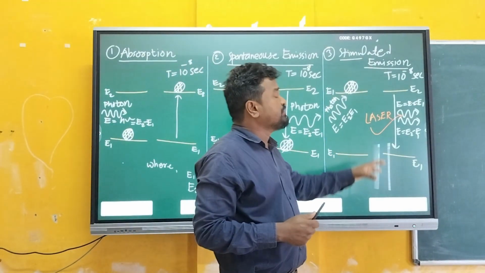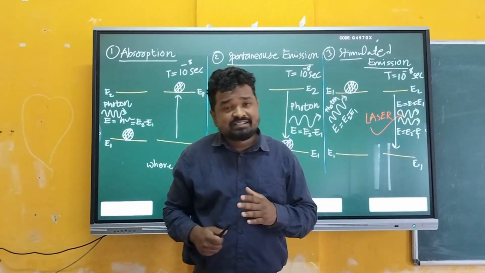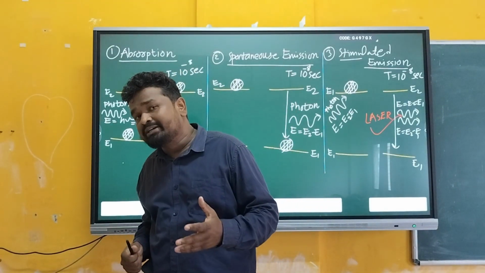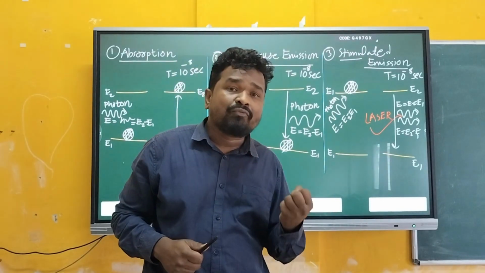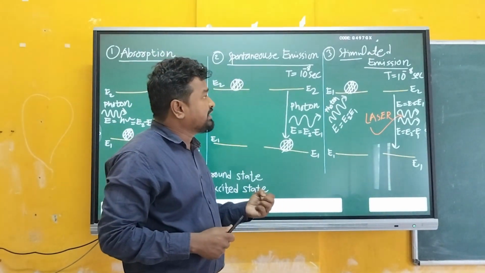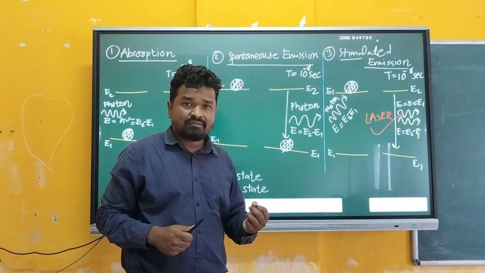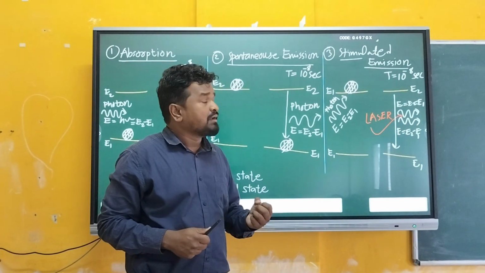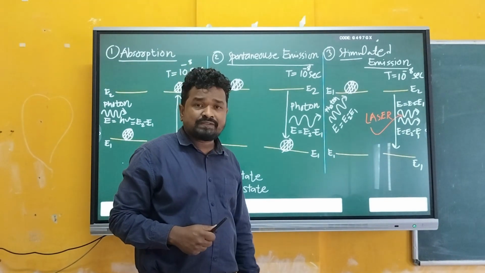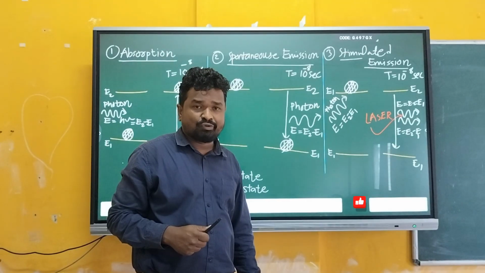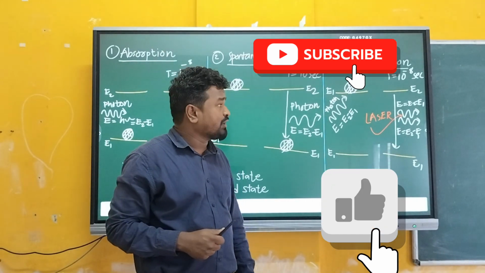In stimulated emission, energy is also decreased, in the form of a photon, but the emission happens forcefully. And here we got two photons in phase with each other. Both photons are coherent, and we call it laser.